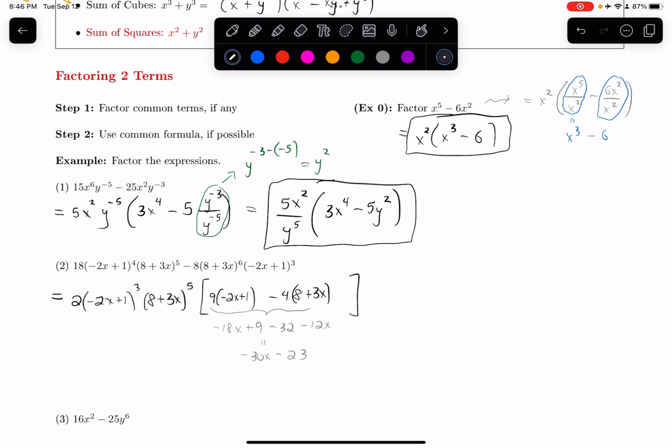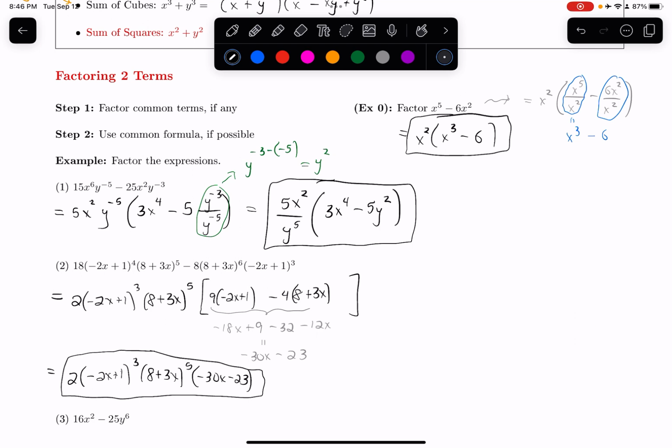Okay, so writing all of this, I have in the front 2 times negative 2x plus 1 cubed times 8 plus 3x to the 5. And then my final leftovers, now I'll switch it to a parentheses, but I could leave it in a bracket if I wanted to, minus 30x minus 23. Okay, and the stuff in this parentheses, it can't really be factored more. There's nothing else, no other common things I can take out. It's not a difference of squares or perfect cubes. This is as far as I can take it.